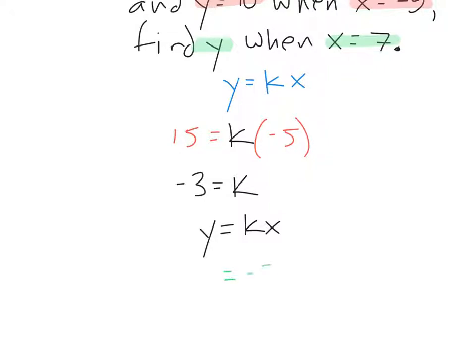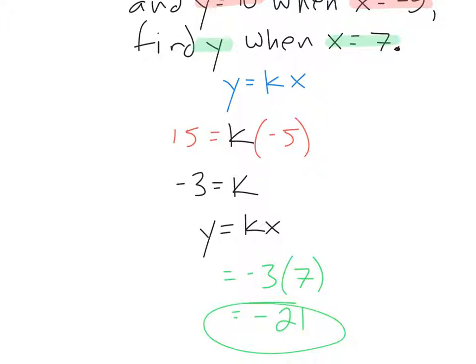I know k is negative 3, and I know x is supposed to be 7. Negative 3 times 7 is negative 21. And there we go. We're done. Wow. It's not bad. You get information and use it to find something. Then you use that something to find more information.